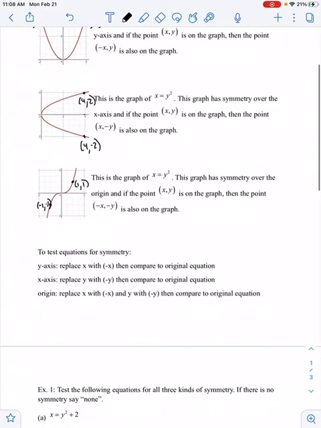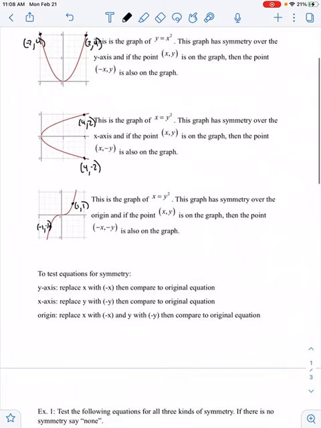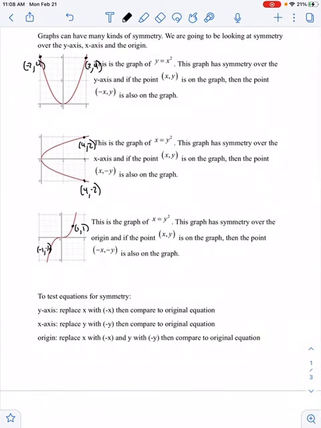So to test if an equation has symmetry, based off of looking at the graph, the y-axis symmetry flips over the y-axis, and the x-axis symmetry goes across the x-axis. Something about origin is that it flips over the y-axis, and then you flip it over the x-axis.